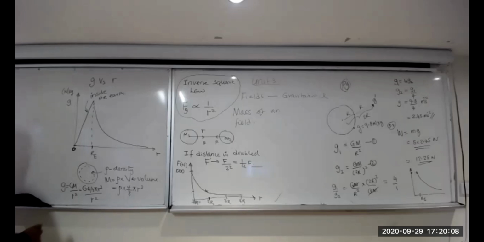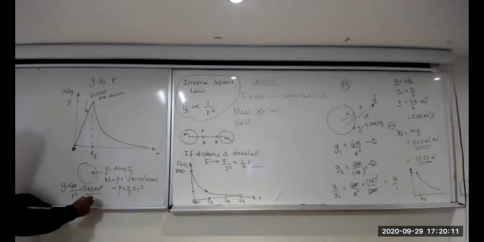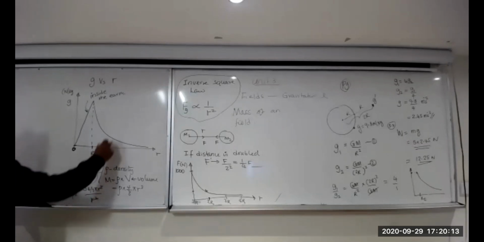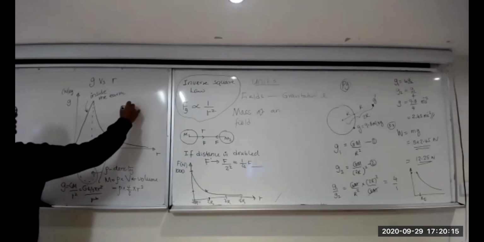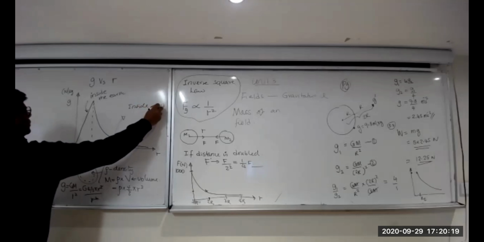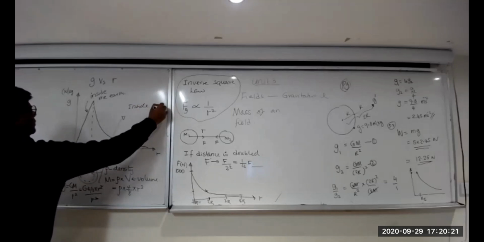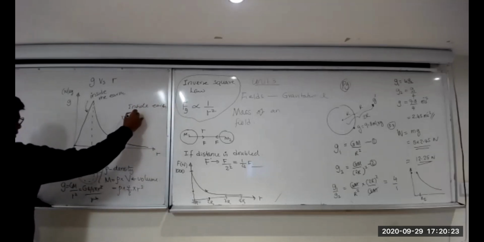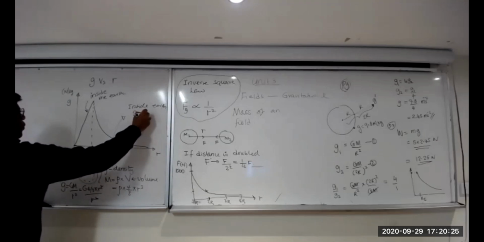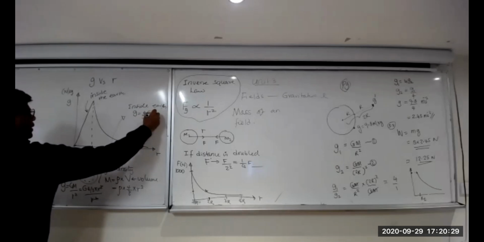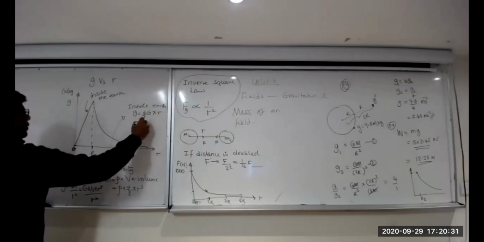You can see that it simplifies into a linear relationship. So g becomes 4/3 times G, pi and the density, times r. These are all constants. It's linear, like y equals mx.